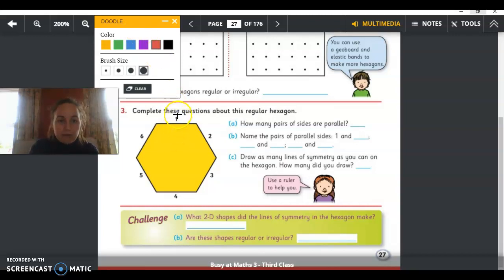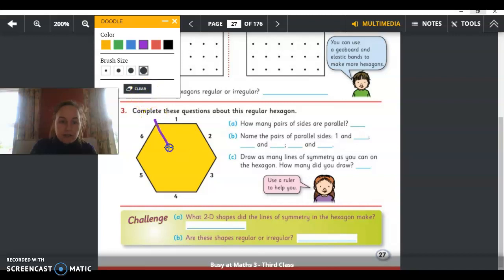So you would have vertical lines, much straighter than mine because you'll be using a ruler, a horizontal line, and in a hexagon you'll have diagonal lines as well. Okay, I'm not going to show you them all. Okay, that's you do much straighter with your ruler.